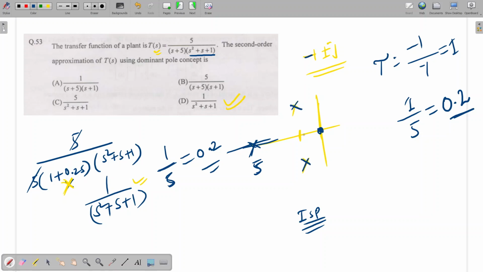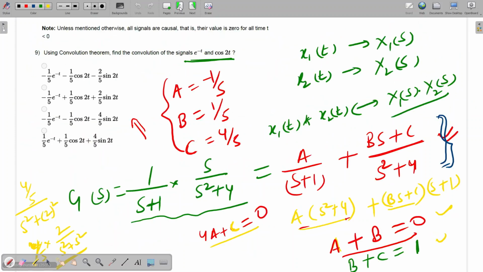So these are our dominant poles. The real part of the dominant pole is minus 1. I'm calculating the time constant. So the time constant is 1. This time constant divided by 5, that is 0.2.